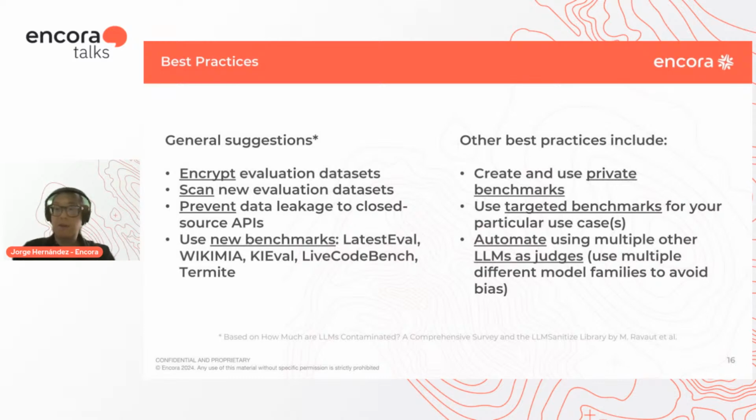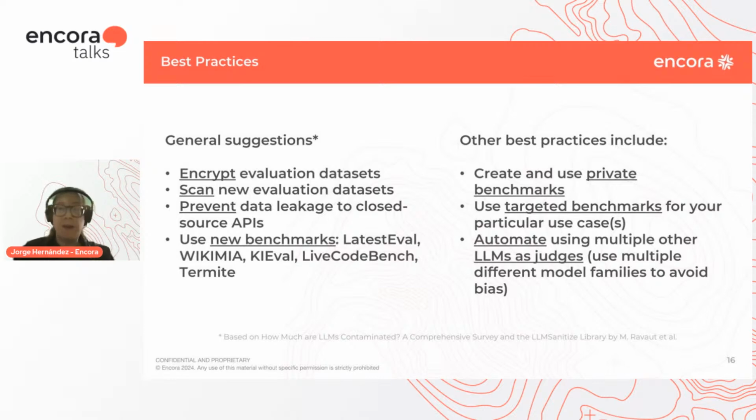And of course, if you automate it using multiple other LLMs as judges, that's even better. It can help you use a bigger benchmark. It can help you do more refined kinds of evaluations. And you should be careful. The only thing is that if you use multiple LLMs, they should not all belong to the same family.